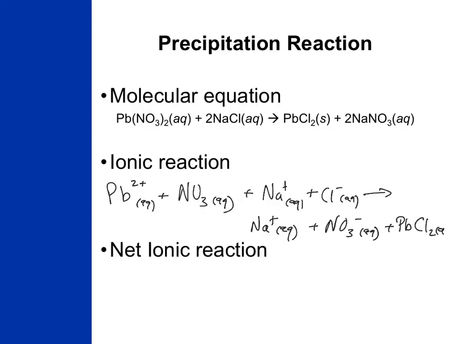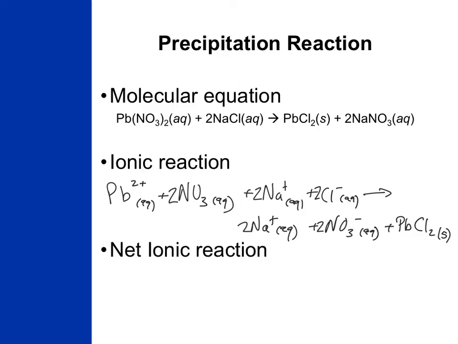Oops, that should be a solid. So it's going to stay together as it forms a solid. It's still going to be balanced, so we need to make sure to remember those coefficients. So 2 sodium ions, 2 chloride ions, 2 sodiums, 2 nitrates.